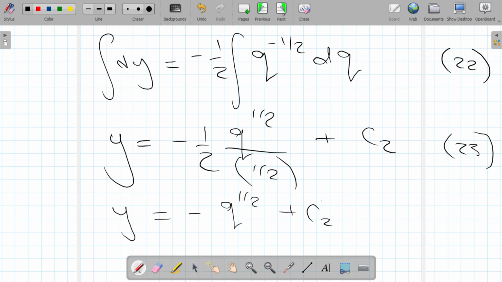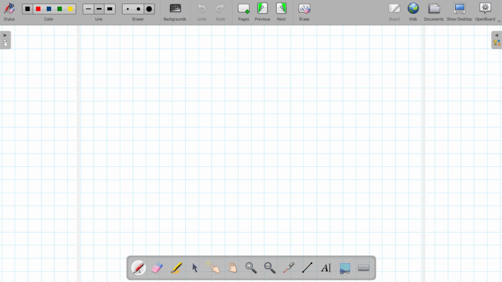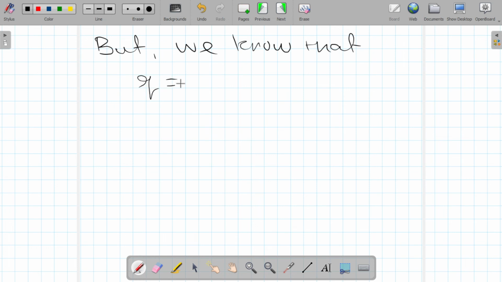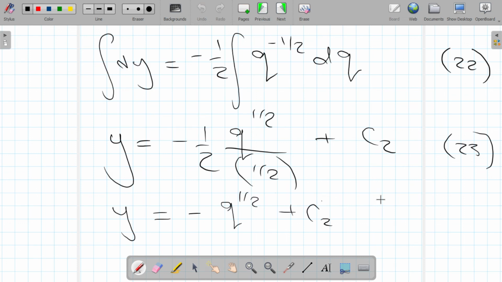Now, we know that q equals 1 minus x minus c1 all squared, don't we? I didn't label it, did I? So we call that equation 24.